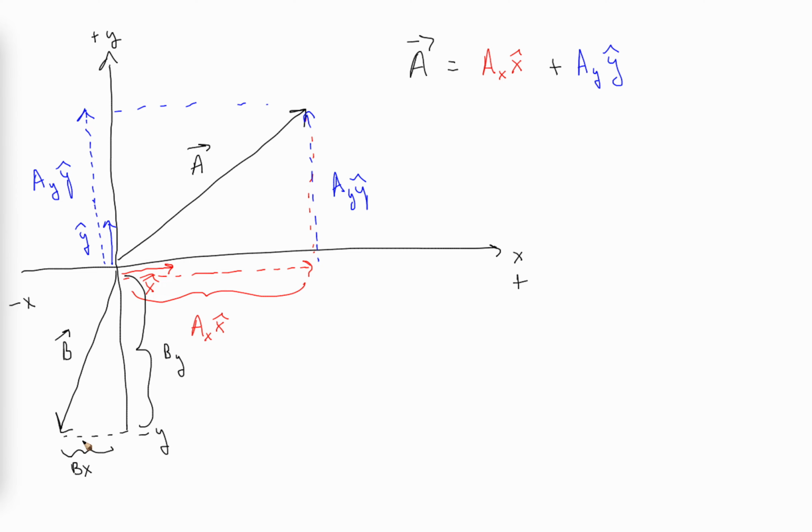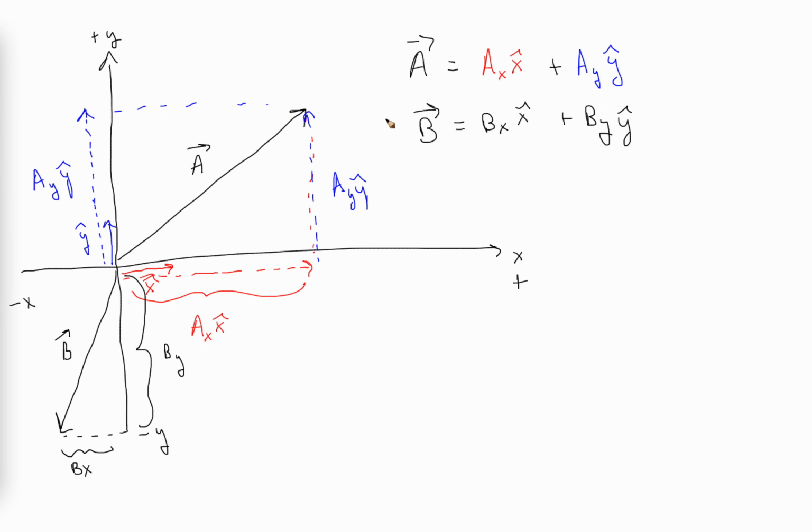So we have a negative number for the x component and a negative number for the y component. Here, both of them are positive. We had a sub x positive, a sub y also positive. So I can write down any vector that I want to as some combination b sub x x hat plus b sub y y hat, as some combination of these two vectors.